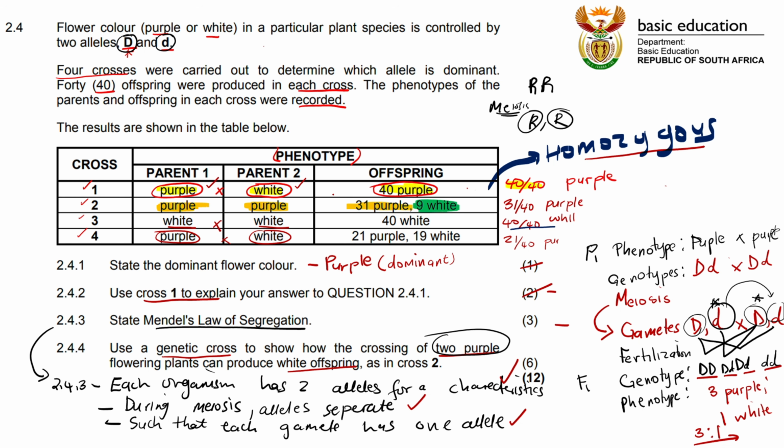That is why even in cross number 2, most of the offspring, 31 of the offspring, are purple and 9 of the offspring are white. So there are more chances of getting purple offspring because there are more combinations that give purple offspring than white ones. But this explains why we have white offspring in the purple combination?